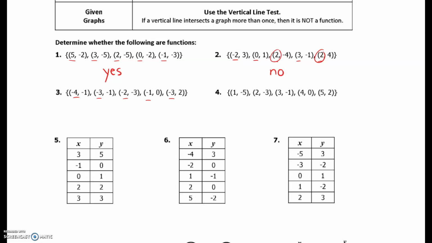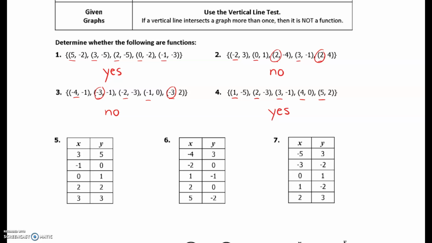Well, there are two -3's, and when we have repeating x values, no, this is not a function. In number 4, you have 1, 2, 3, 4, and 5. Well, all of those x values are different numbers, so yes, it is a function.